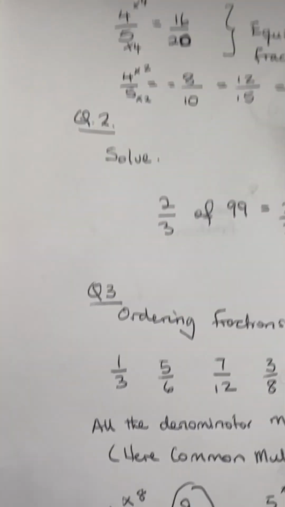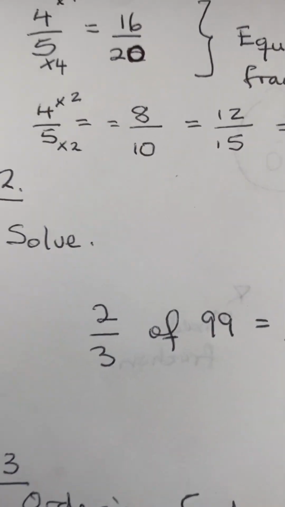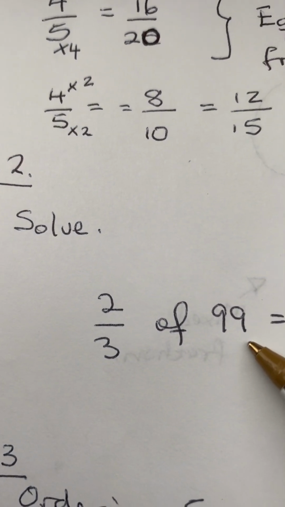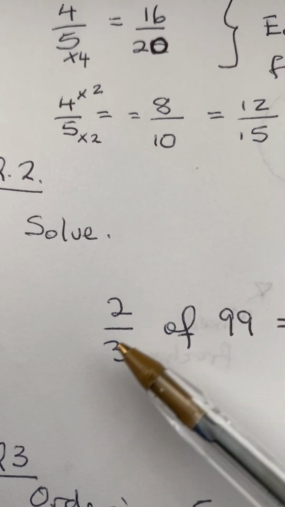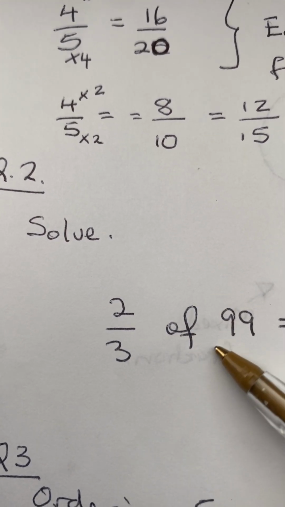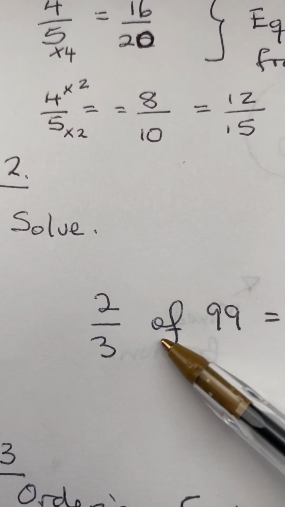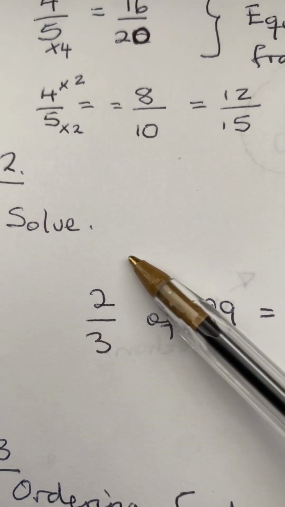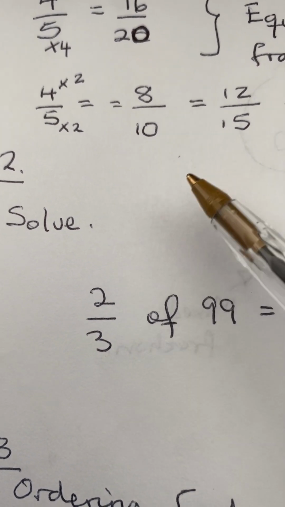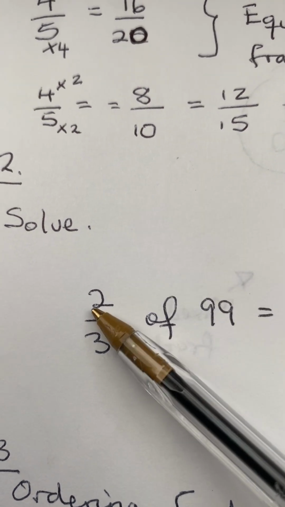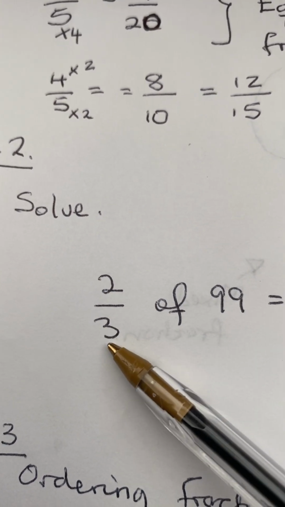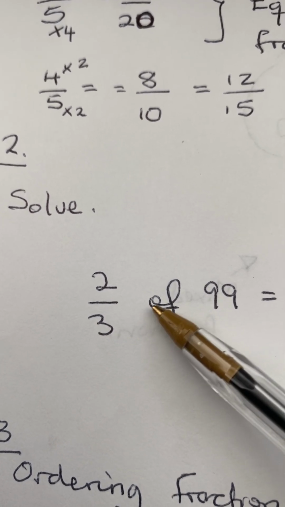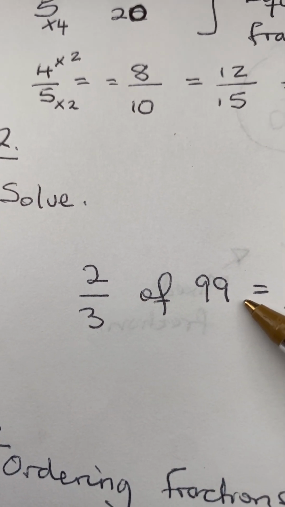Now question 2. Solve 2/3 of 99. We did a lot of these examples yesterday, but yesterday we saw it as percentage, so 2% is 2 out of 100, and then we used the powers of 10 and did the multiplication.